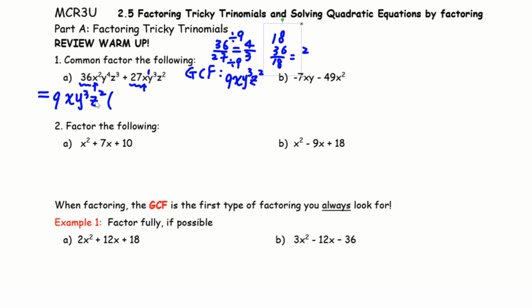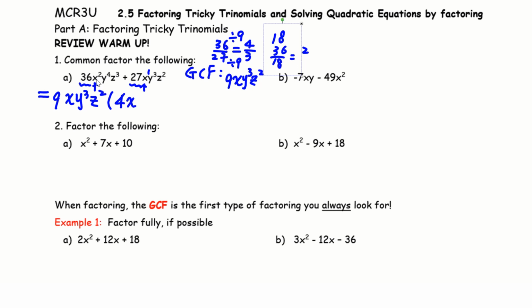We pick the lowest degree for the variable, so that it could be divided and give you a positive degree left. That's the reason we pick the lowest degree for variables, to make sure whatever is left for that variable will be a positive degree. So 36 divided by 9, we have here 4. Then x squared divided by x, degrees subtract. 2 minus 1 gives you 1.